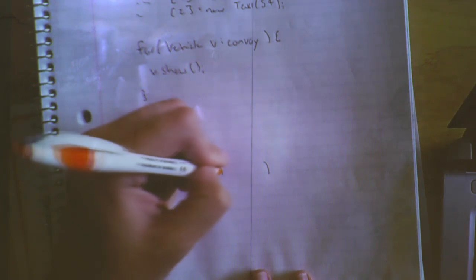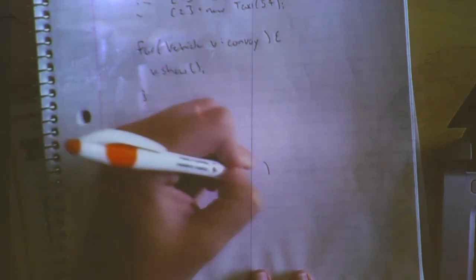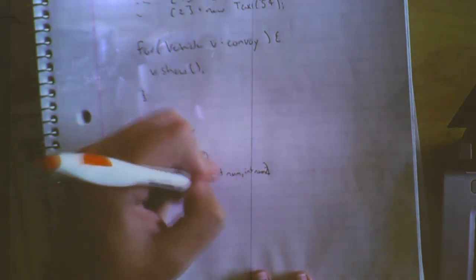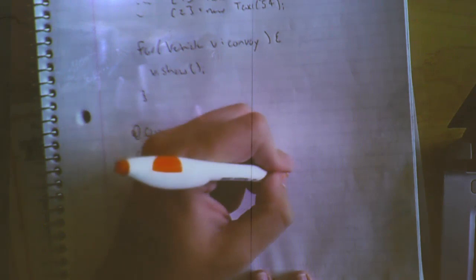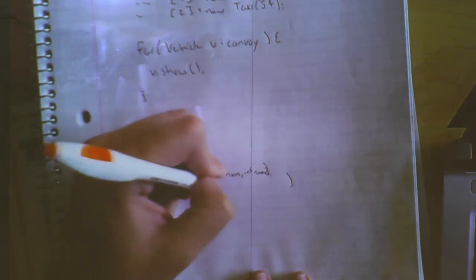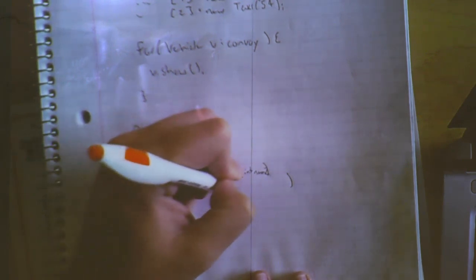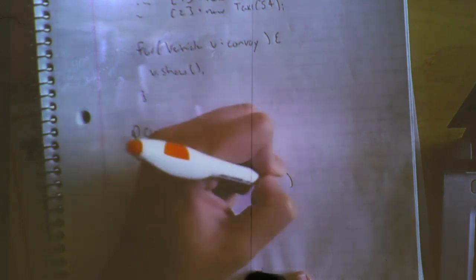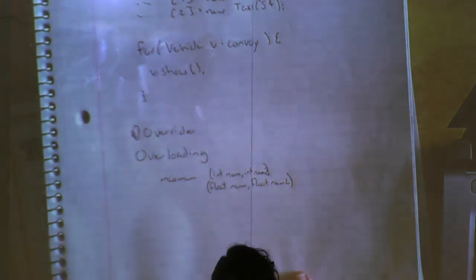You could have one version that takes two integers. You could have another version that takes two floats.